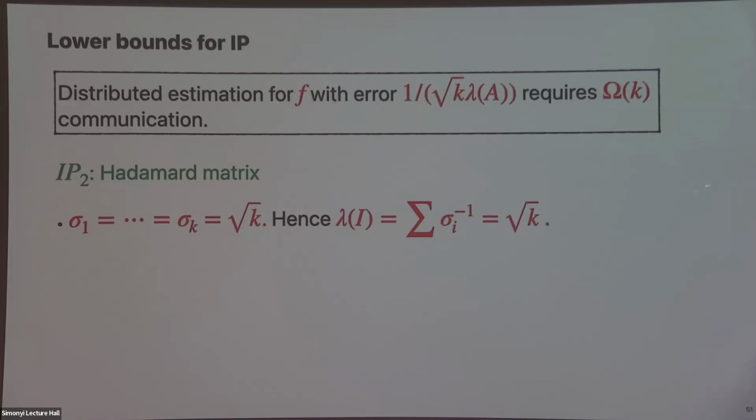So you get root k. Now when you plug this in, you get a really strong lower bound, which says error 1 over k requires communication omega k. Remember I told you that for inner product, you need n over epsilon communication. Here I'm showing you a simple proof that 1 over epsilon is required. This doesn't talk about the n at all.